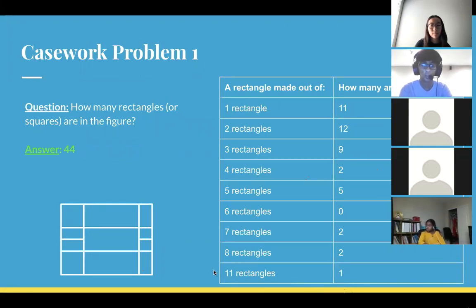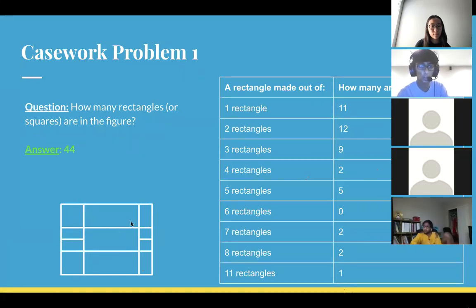Then rectangles that are made of 3: 1, 2, 3, 4, 5, 6, 7, 8, and then 9. There are going to be 9 rectangles that are made of 3. And make sure that you guys see all of the rectangles.